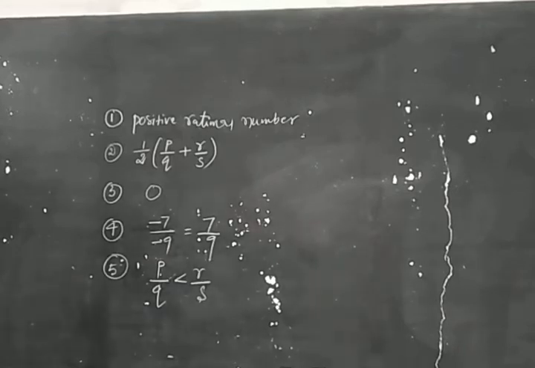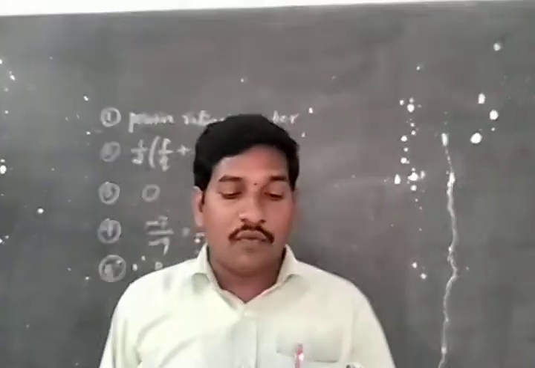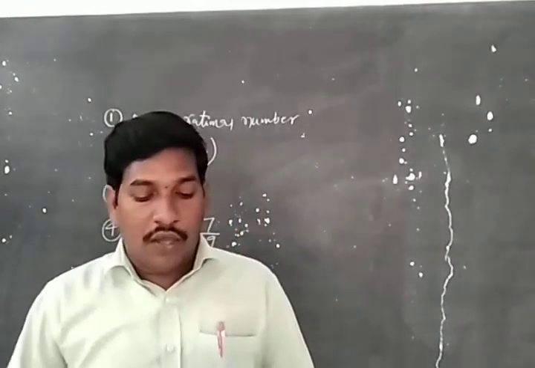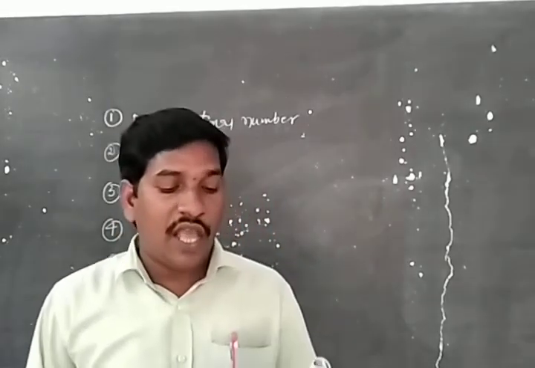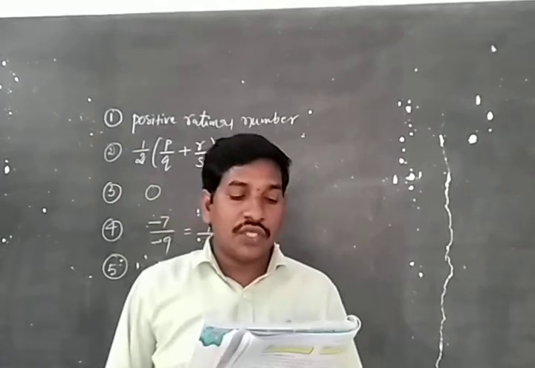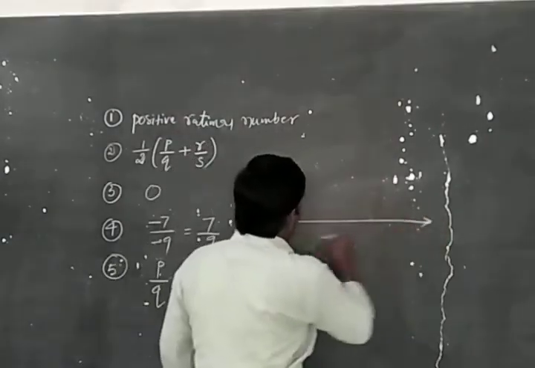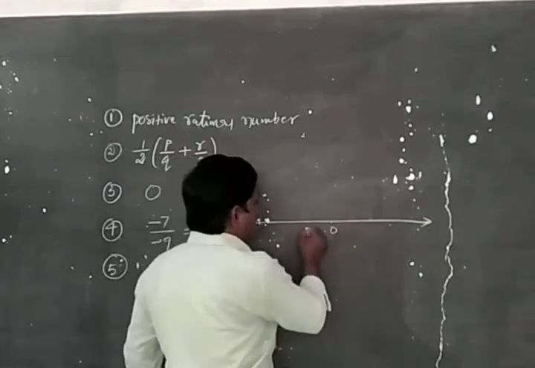Okay. Next. Sixth one. The rational numbers 1 by 16 and minus 1 are on opposite sides of 0 on the number line. This is the number line. Here 0. This is minus 1.